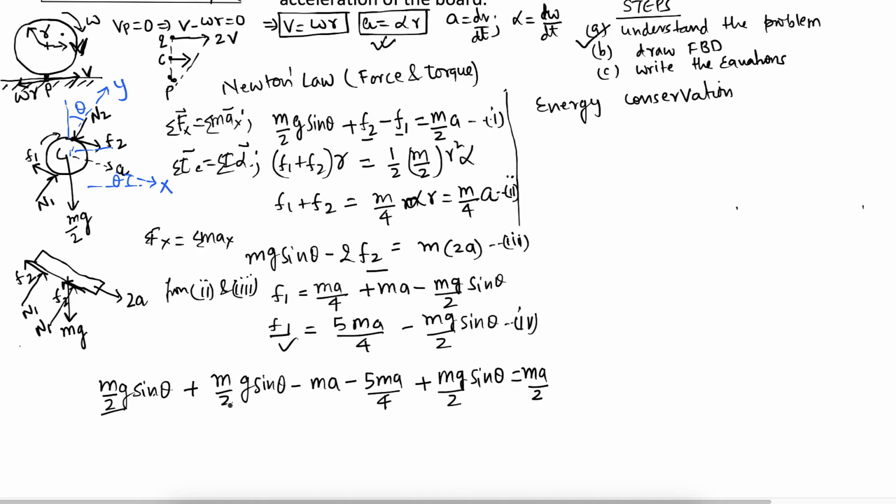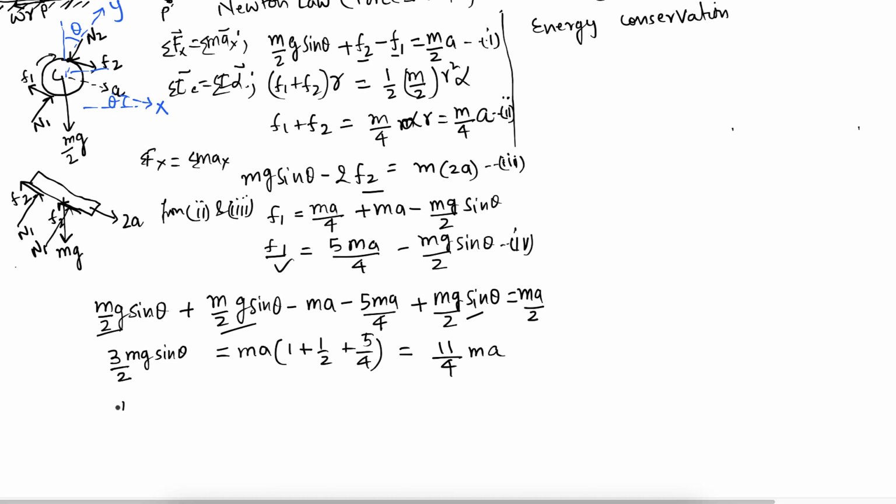Now you see mg sine theta by 2 is there 3 times. So this is 3 mg sine theta by 2 and equal to ma. If you take common, then 1 plus 1 by 2 plus 5 by 4, which is 11 by 4 ma.